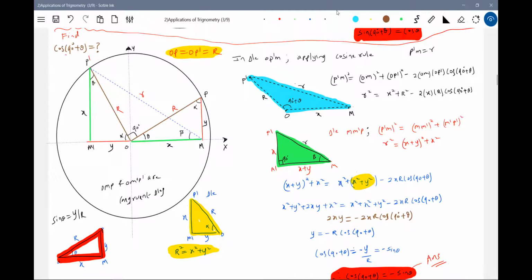So based on that, if this is height, this will become base. The orientation of that has changed here. If this angle is theta, this will be theta. If this is alpha, this will be alpha.